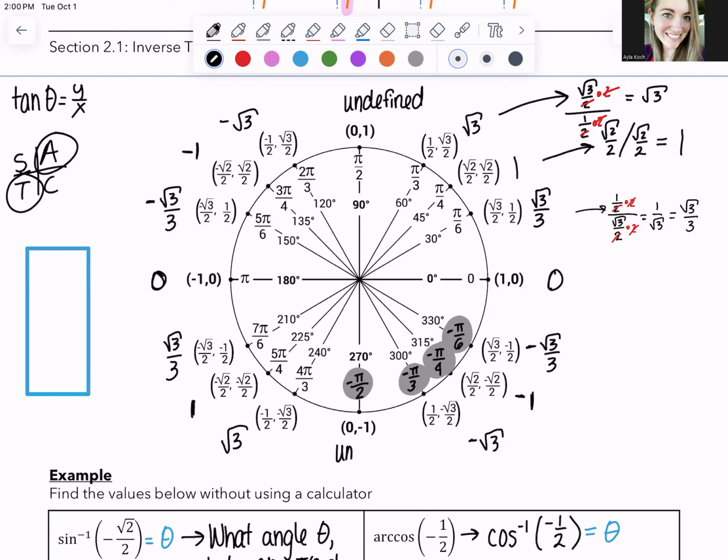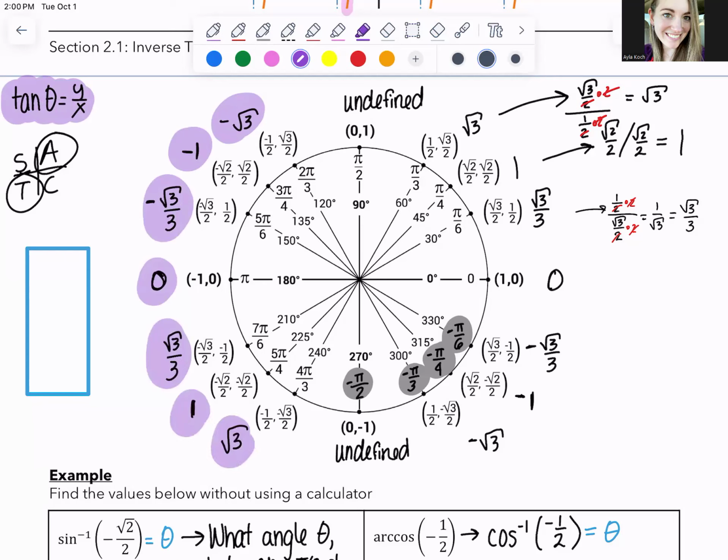And down here, you get undefined again, because you have the y value, negative 1, divided by the x value, 0. I'm going to highlight these because they're the tangent values. It can really help to have these sitting around so that you're not deriving them each time.